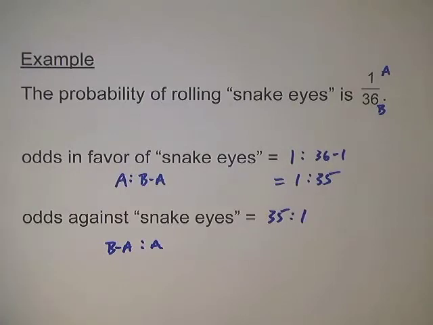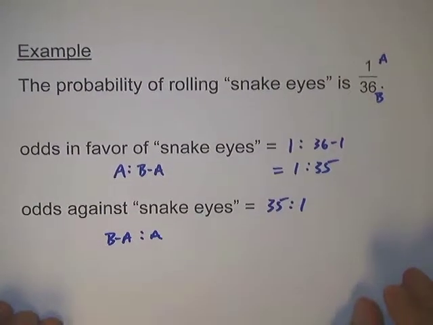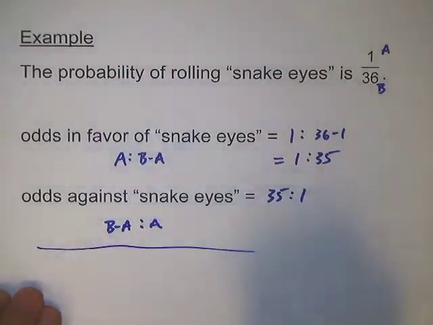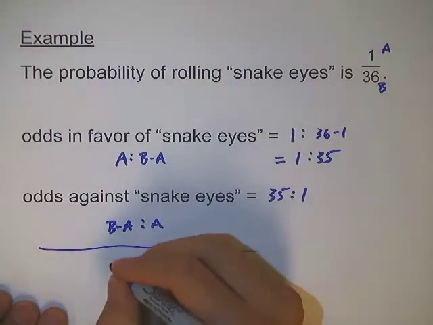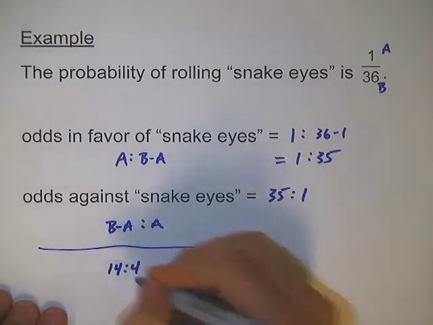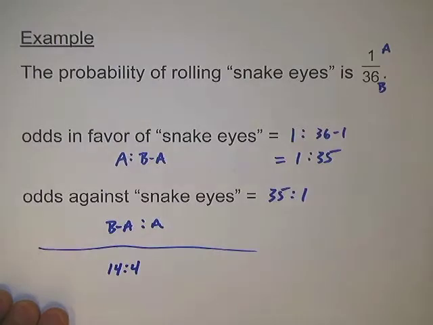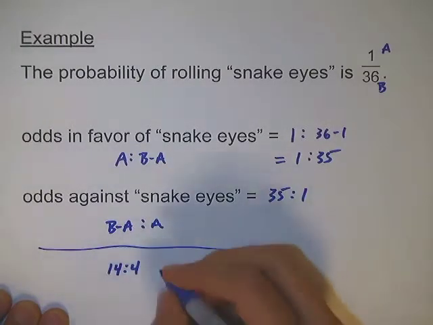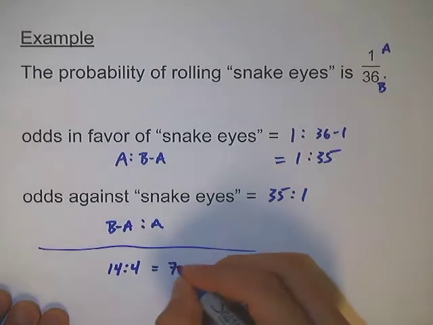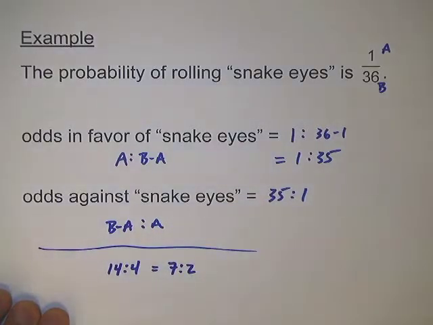A couple things about odds. Let's say you ended up with odds of 14 to 4. Generally we reduce odds like we reduce fractions. If we reduce this, we could divide both numbers by 2, so these odds are the same as the odds of 7 to 2.